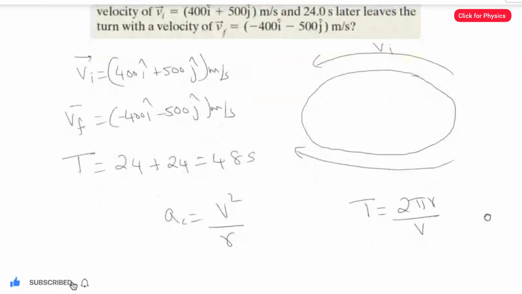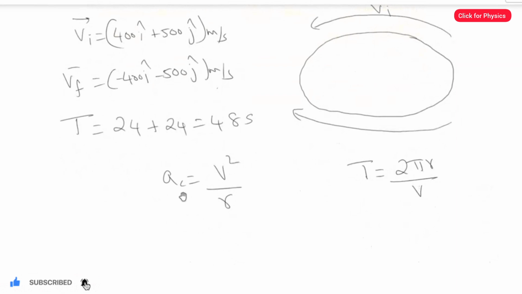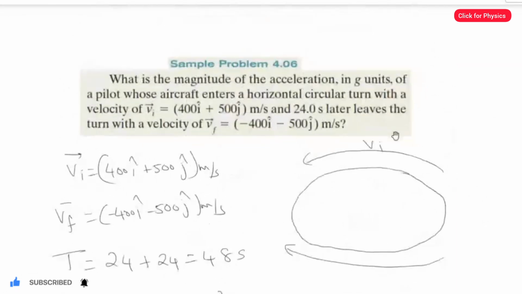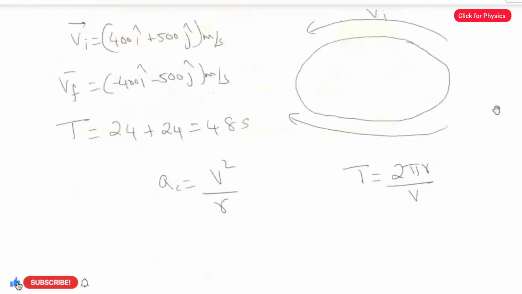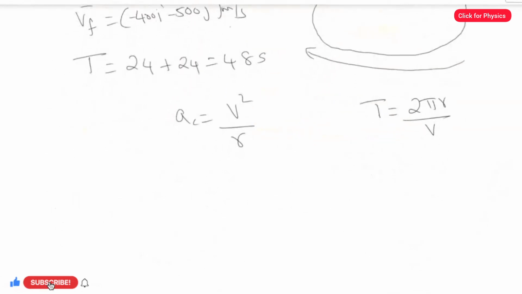Now we are going to find the acceleration because we have to give the answer in g units. So first we find the acceleration, then we will convert it into g units. Clear? We will use these two equations; let's take this as equation 1 and this one as equation 2.